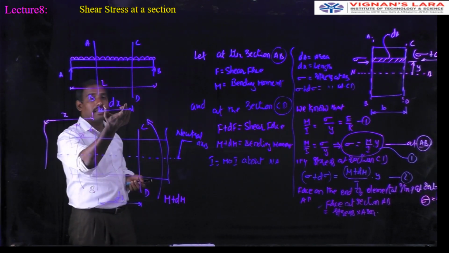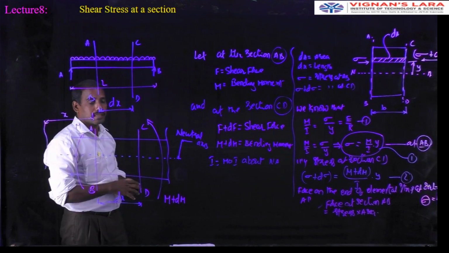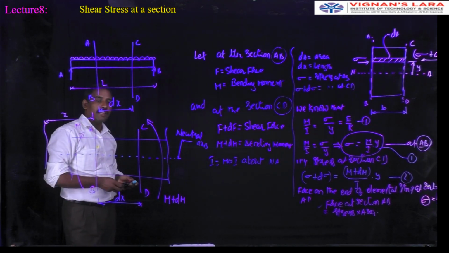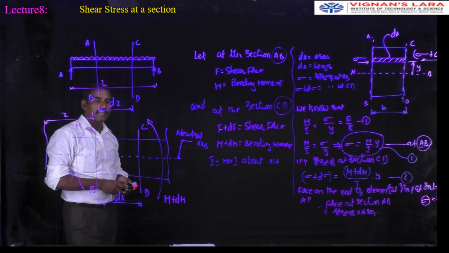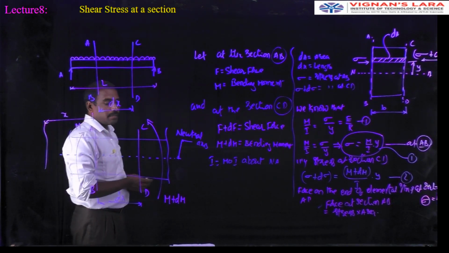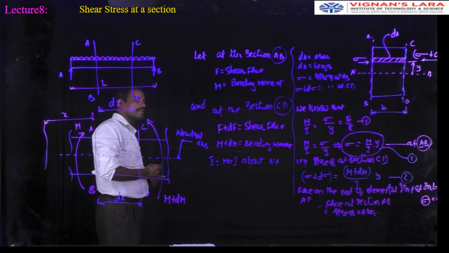Here we have taken a part of the simply supported beam of length dx, and we consider sections AB as well as CD at distances x and x plus dx respectively, with moments M and M plus dM, and the shear force becomes F and F plus dF.